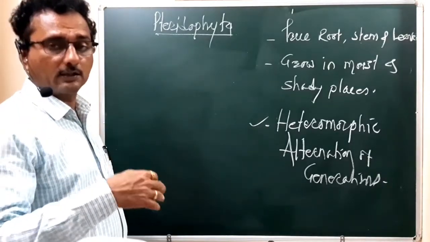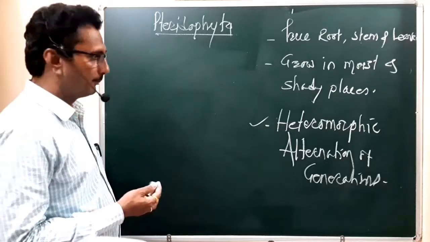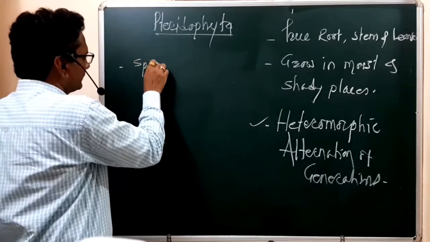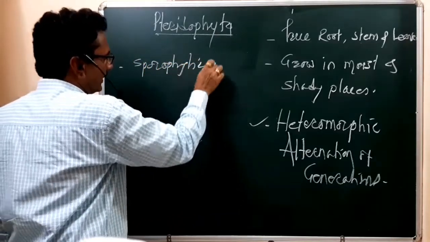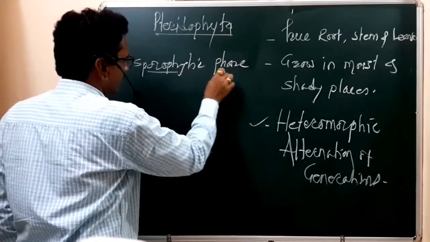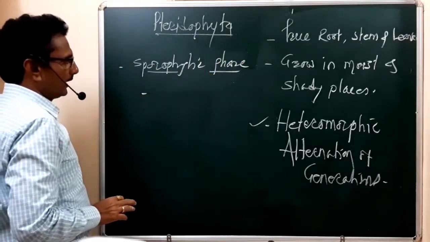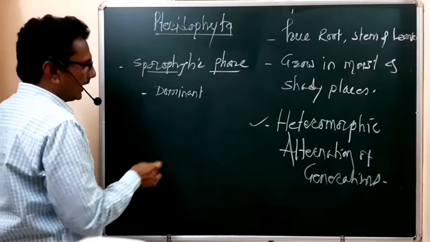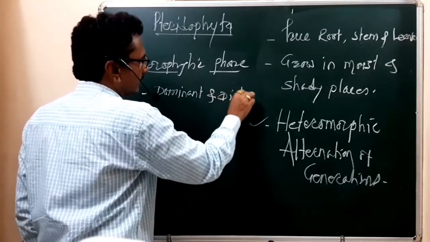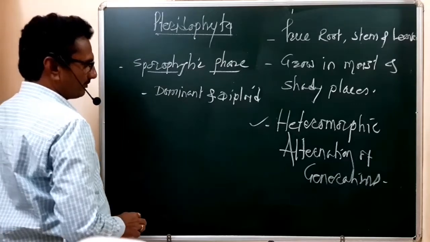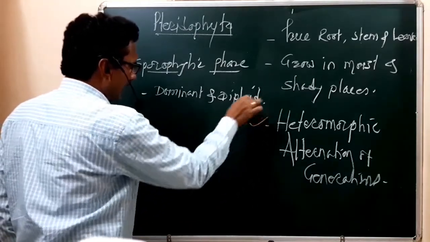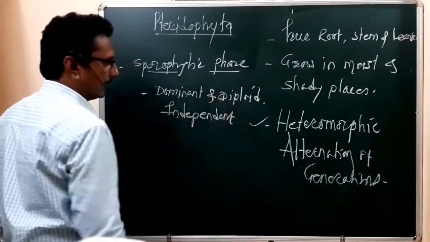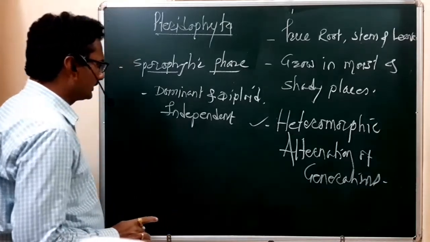These two phases come alternately in the life cycle of the Pteridophyta. In the Pteridophyta, this Sporophytic phase, no doubt, is dominant, diploid and independent. So this is the most important characteristic feature.